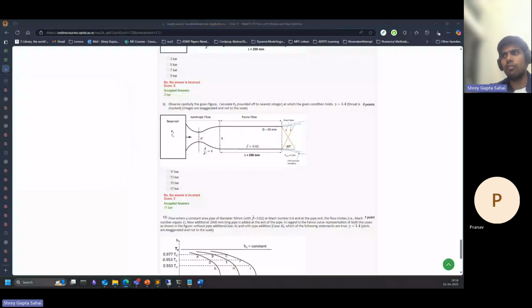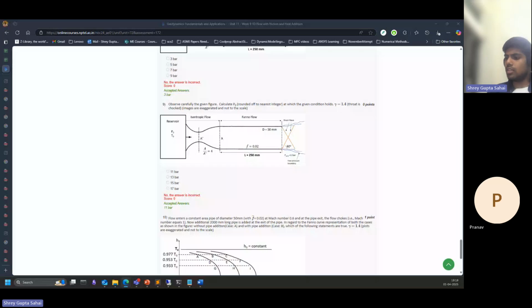It's just like going from one reservoir to another reservoir. So even if you use static ratios, you have to somewhere multiply static to stagnation, because the only value given to you is the stagnation value, not the static value. So you will have to use the ratio between stagnation and static somewhere. That is fine.